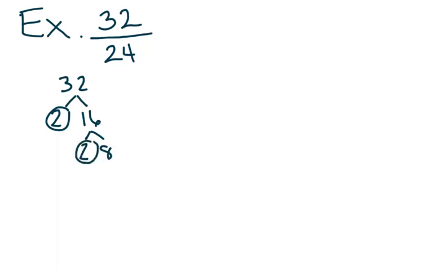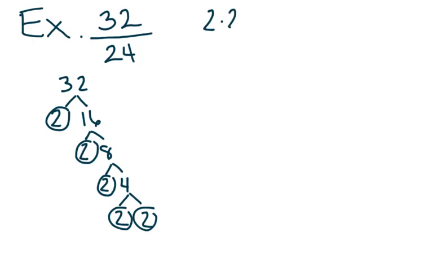Once again, I'm going to circle the 2 because it's prime. I can't break that down any further. 8 I can break down into 2 and 4. Circle the 2. 4 I can break down into 2 and 2. Alright, so there are 5 2s. So I'm going to rewrite 32 as 2 times 2 times 2 times 2 times 2.